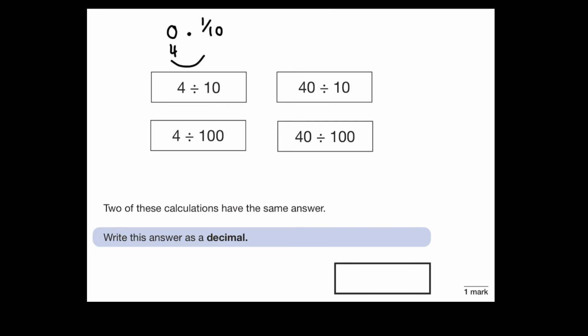So you can see that 4 divided by 10. Remember, when we divide, we move one place to the right if it's by 10, 2 places for 100, and so on. So 4 divided by 10 would equal 0.4, as I move the 4 one place to the right on my place value chart.